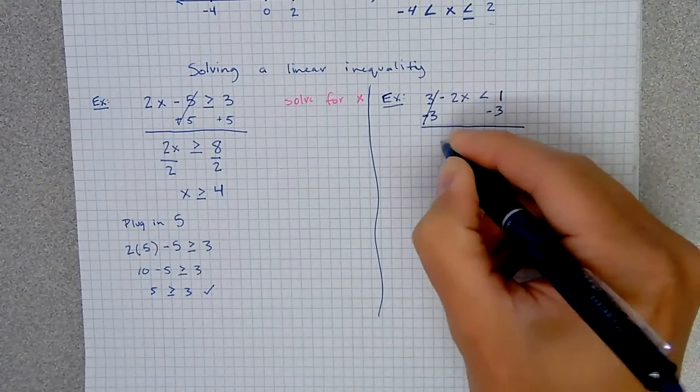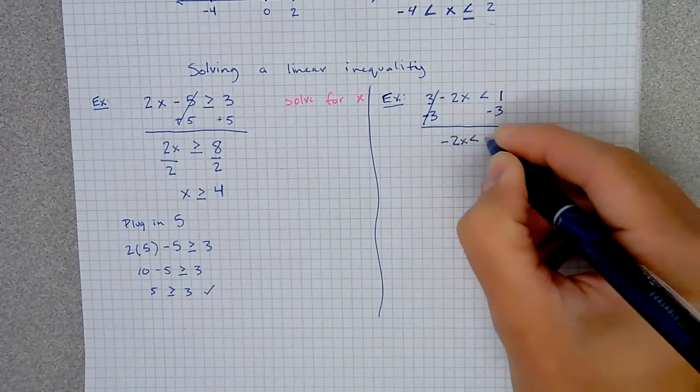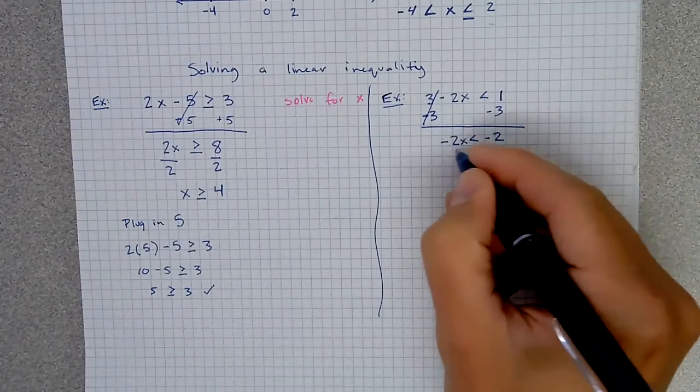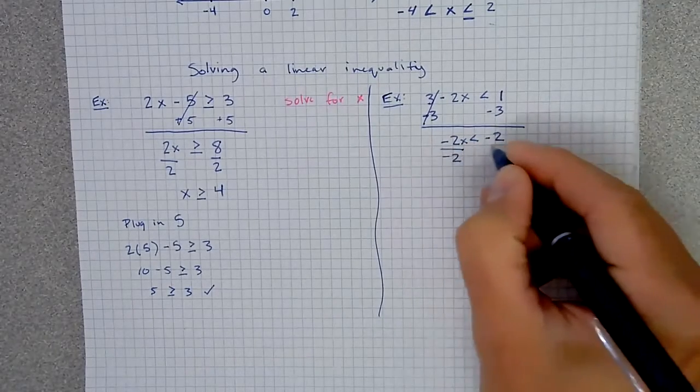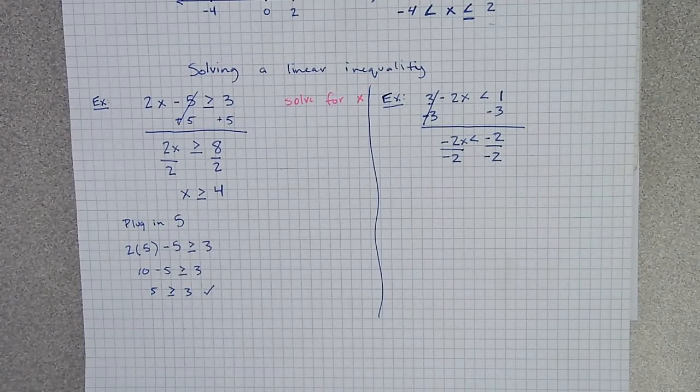Subtract 3 from both sides. Okay, so I get negative 2x is less than negative 2. And now I'm going to divide by a negative 2.